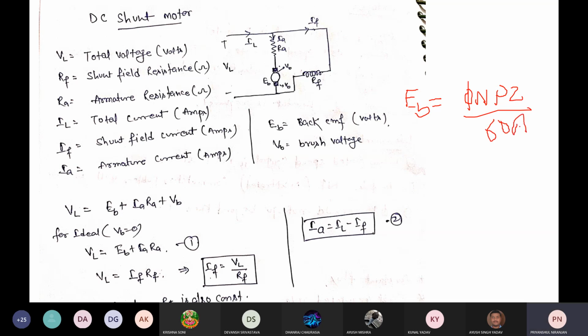You know this equation? You know about this equation? Back EMF, when we design the armature winding, the parameters also give the formula. So it depends on flux, speed, pole, conductor (Z means conductor), and 60 into A, where A means parallel paths. In a DC machine the flux is constant now.